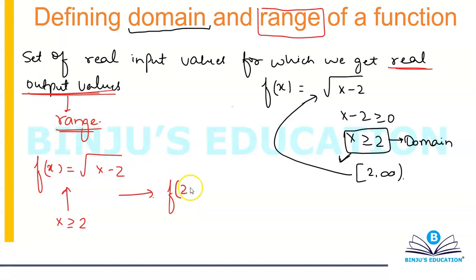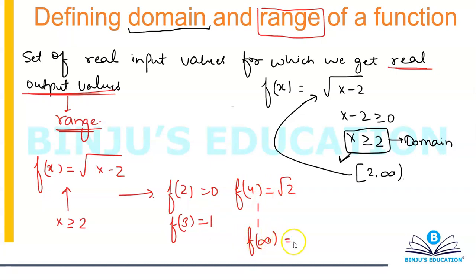If I provide an input value of 3, I'm going to get an output of 1. If I provide an input value of 4, I'm going to get an output of root 2, and so on and so forth. When you provide an input value of infinity, you will get an output value of infinity.